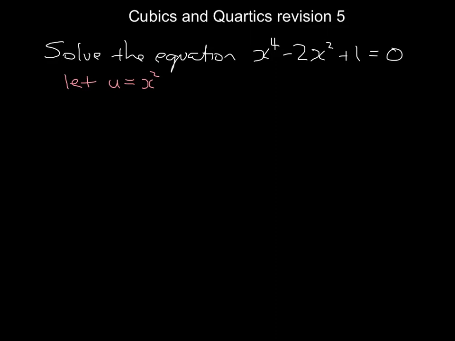So x to the power of 4 is equal to x squared squared, which if I let u equal x squared will just equal u squared. So I can call this equation u squared take away 2u plus 1 equals 0.